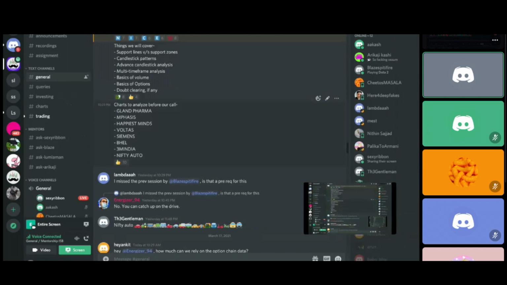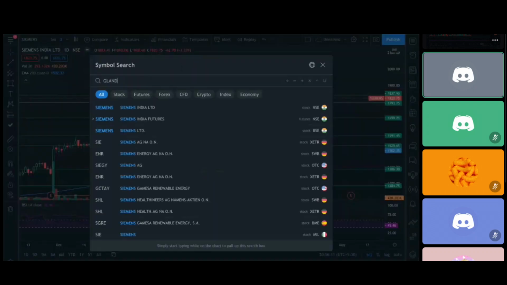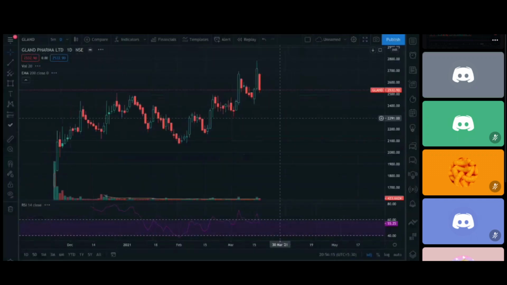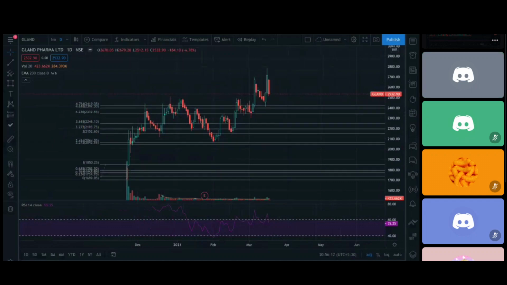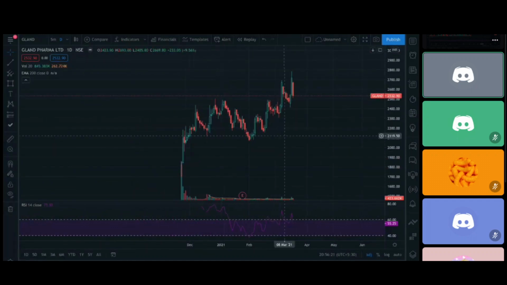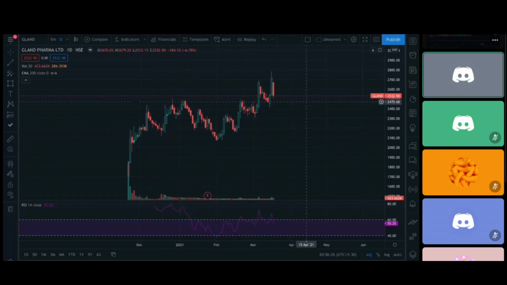So this is Siemens Energy. I just like the chart, how it's moving. It's like a spring, taking support and then moving. So the same thing: if you treat this as your reference point, it's not able to break this.